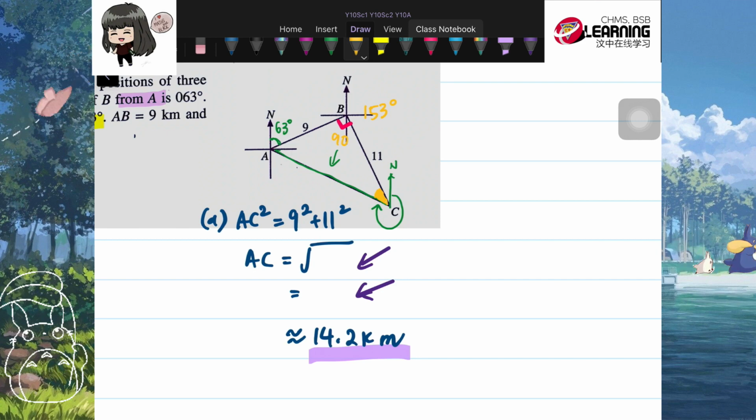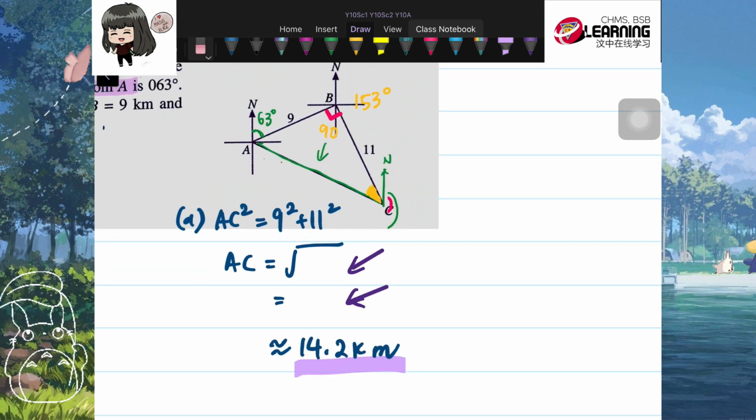Before even finding this angle, you can know that this whole circle is 360. You can minus the small angles. This whole thing is 360 minus the yellow angle, the angle that we're going to find later, and also this angle here. But how do we find this angle here?